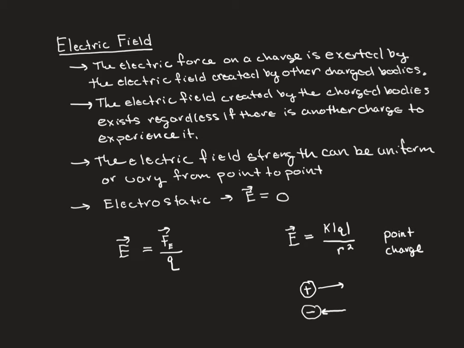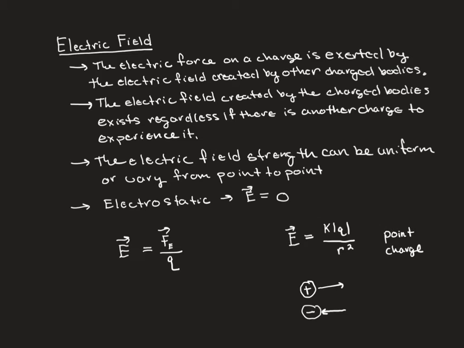This is why when we calculated lowercase g, the mass of, say, the moon was not included, because if we want to know the gravitational field strength from the Earth at the moon's distance, it's not created by the moon. That strength is just dependent upon the distance from the Earth.